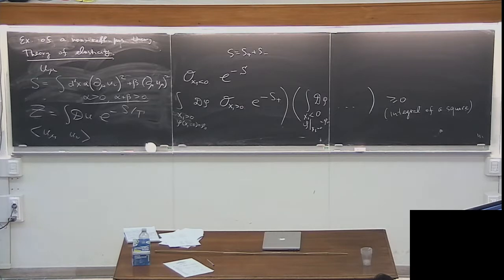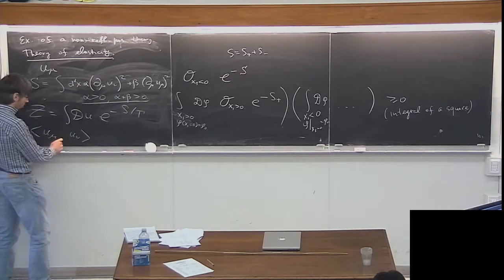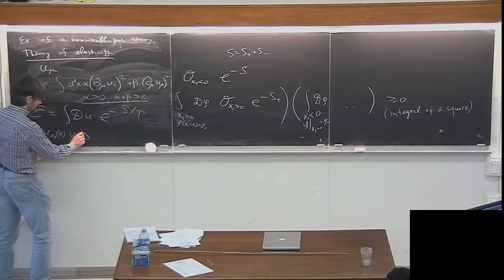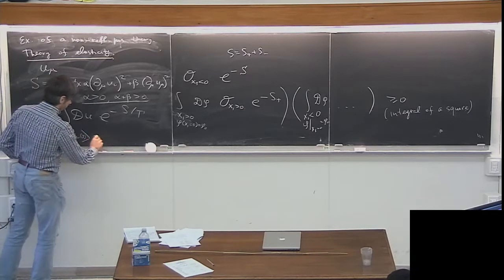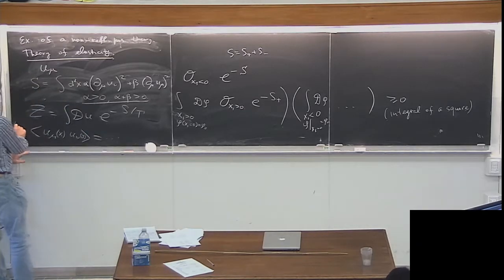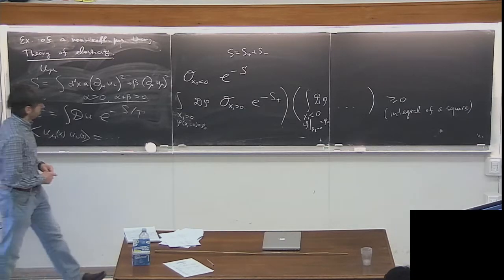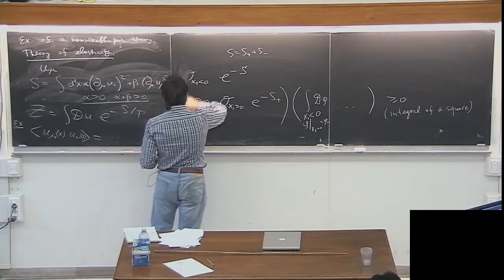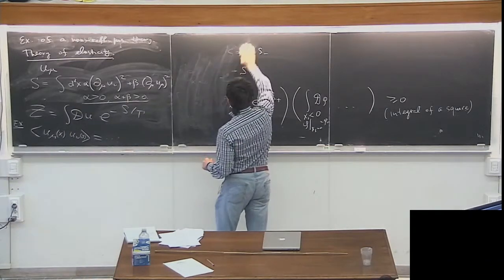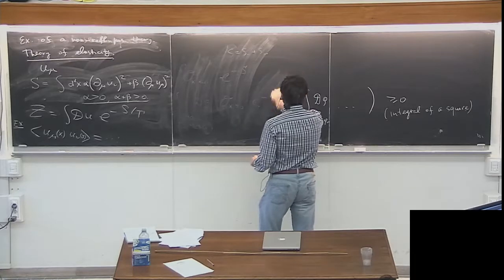It's a free theory, a Gaussian theory, so this correlation function is trivial to determine. It's trivial to determine in momentum space just by doing a Fourier transform, and then you can determine it in coordinate space. So this is actually an exercise. The first exercise is to determine this correlation function.